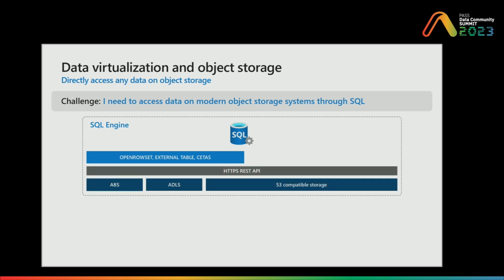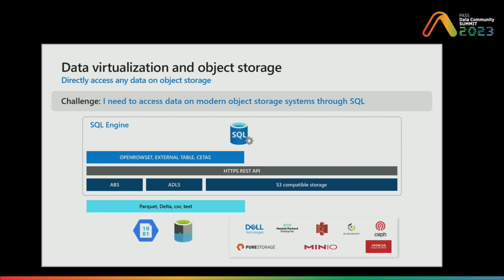Now we have introduced the HTTP REST API to connect to different data stores like Azure Blob Store, Azure Data Lake Store, or even S3 compatible, which is an open object storage protocol introduced by Amazon. If you have any S3 compatible storage, you can use the T-SQL API to just export it there. And we support, in addition to CSV and text, now Parquet and Delta.